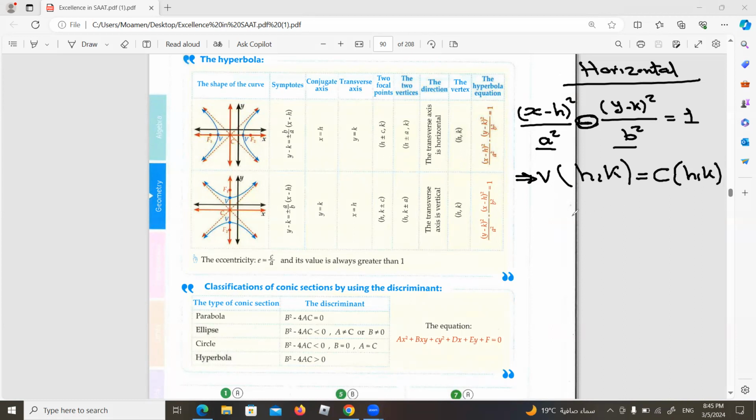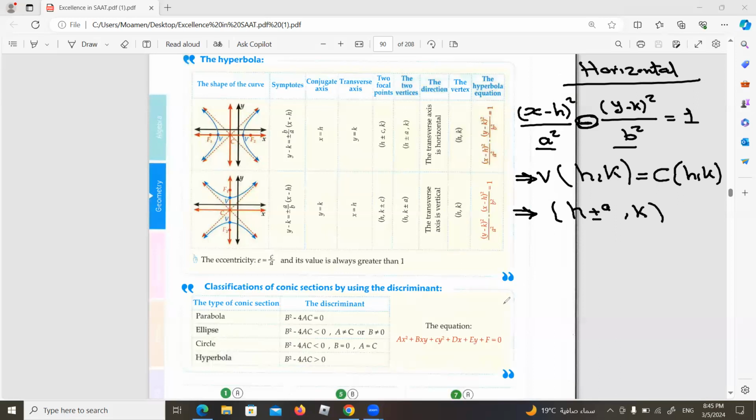What about the vertices V1 and V2? V1 and V2 are two points. When we work horizontally, we will keep k as it is and change x. How do we change x? I'll change the value of the first coordinate, which is x, by h plus or minus a.